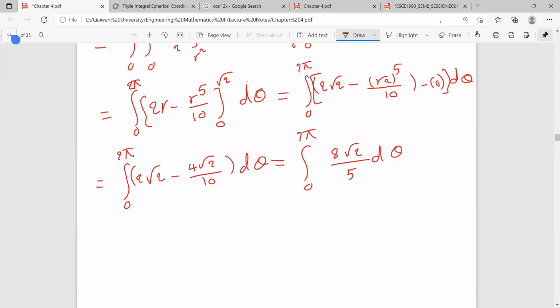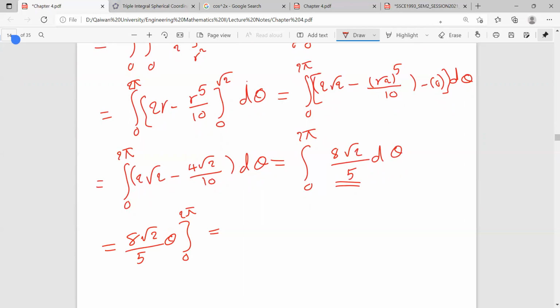And here we find the integration with respect to theta for that function. It equals 8 square root of 2 over 5 theta from 0 to 2 pi. First we replace by 2 pi, then we replace by 0.